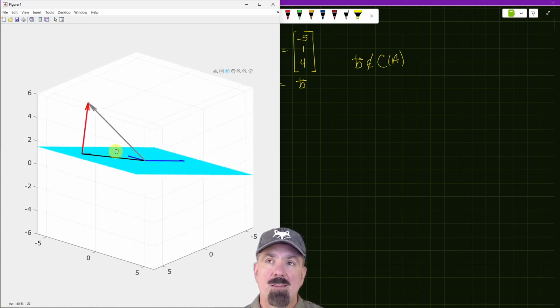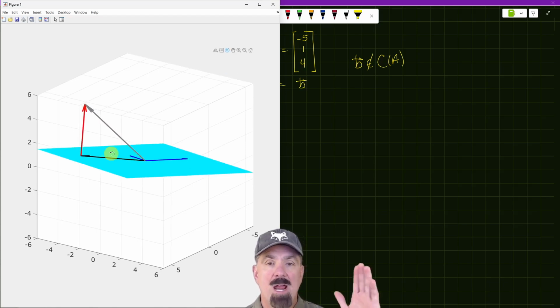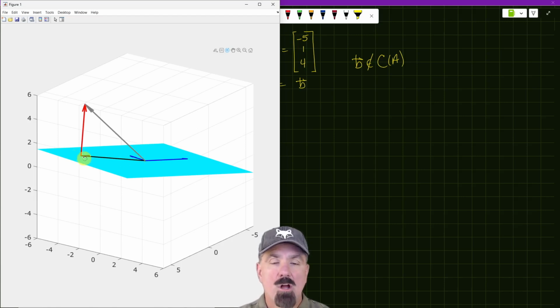So again, in this situation, we are projecting gray onto blue. That projection is the black vector, which now we can solve. Now we can find an X that's going to give us the solution for the black vector. It's not for the B, but it's as close to the B vector as we can get.